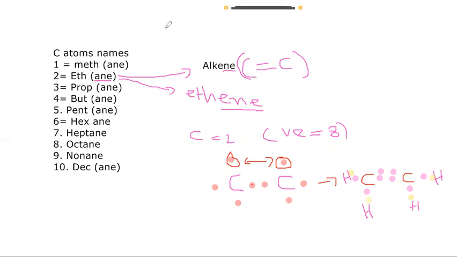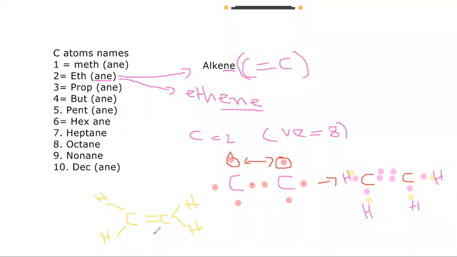Now what would be the complete structure of this molecule? This is carbon, double bond, carbon, and now these are the hydrogens, and one bond is hydrogen, one bond is hydrogen. You can put them in a straight line to show the hydrogen bonds with the carbon atoms.